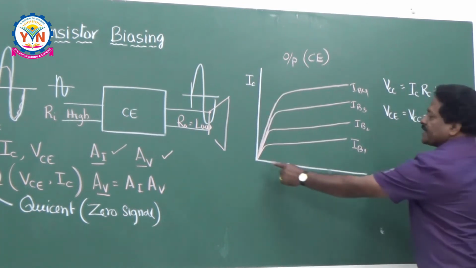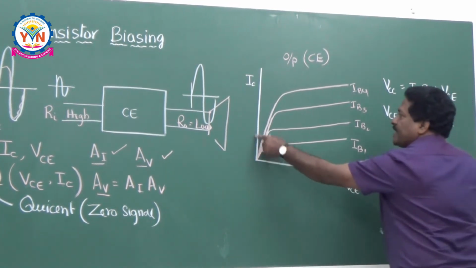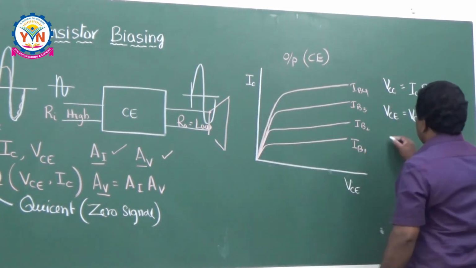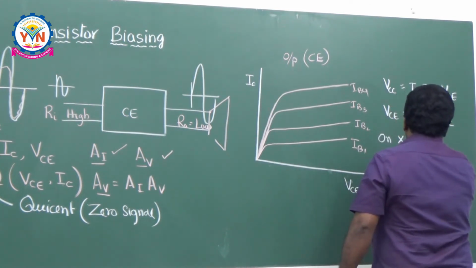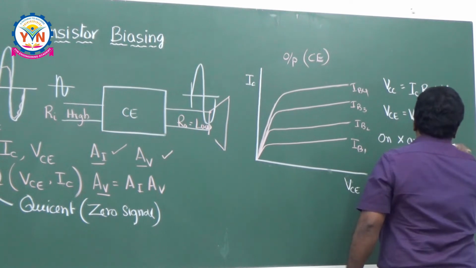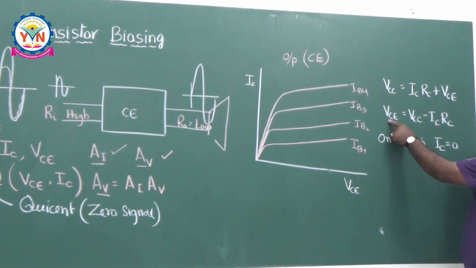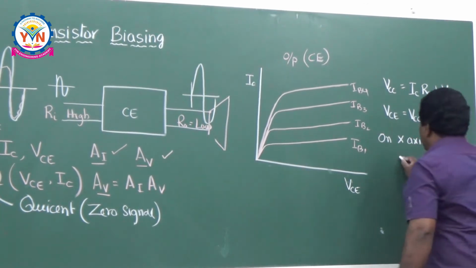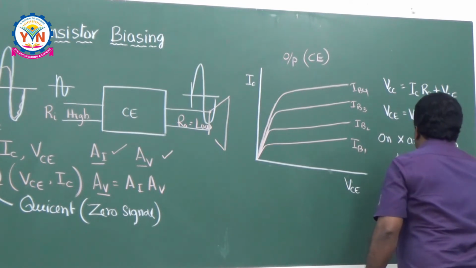Friends, this is the x-axis and this is the y-axis. On the x-axis, IC is equal to 0. Just substitute this in the equation. If IC is equal to 0, VCE is equal to VCC. This is the first point.